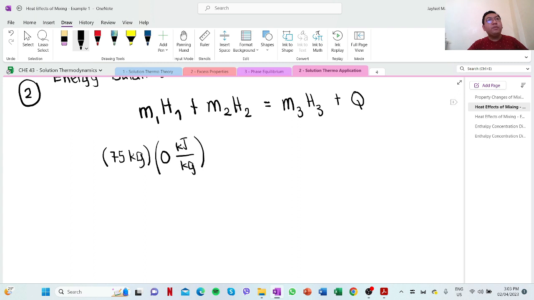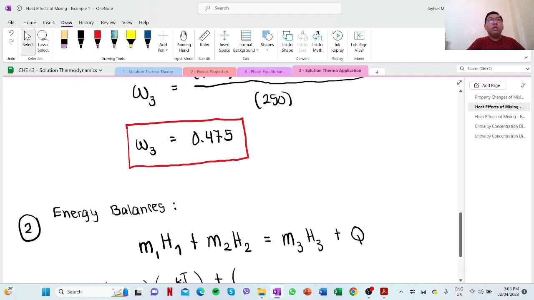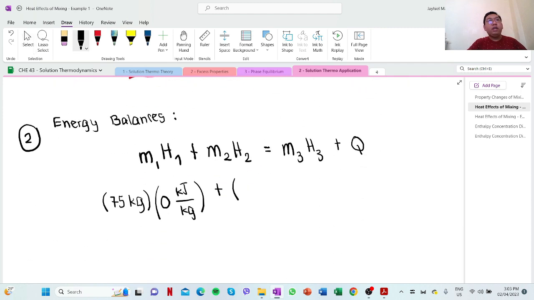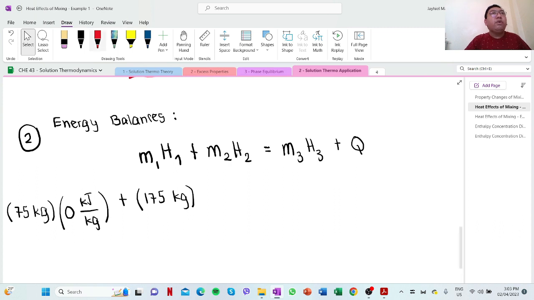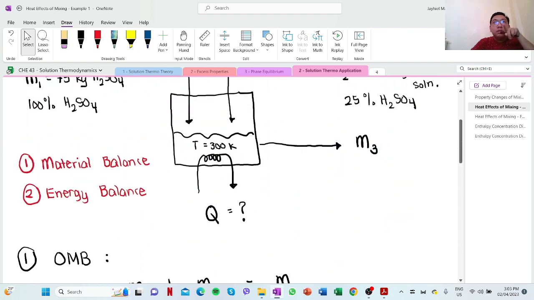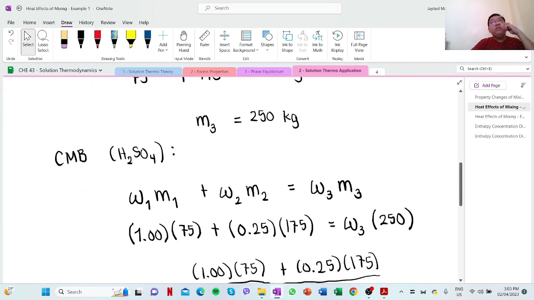And for M2, the value is, I think, 175 kilograms. Oh, I fear that the space might not be enough, so I will just move this one to the side. For H2, this is 25 weight percent, I think. Okay, 25%.